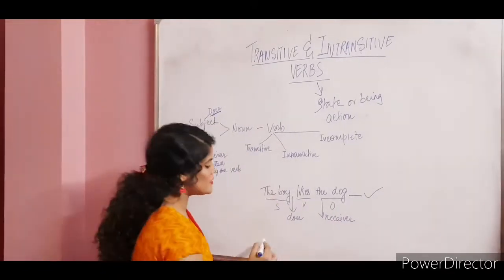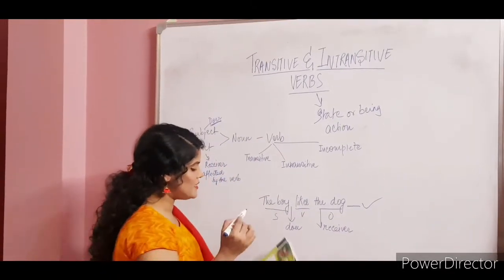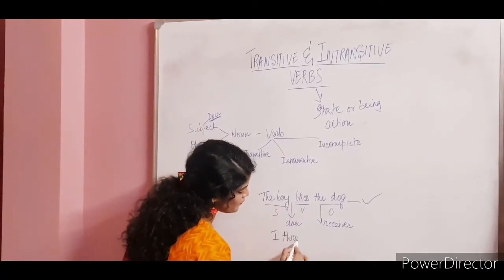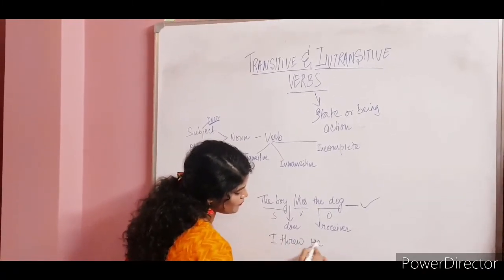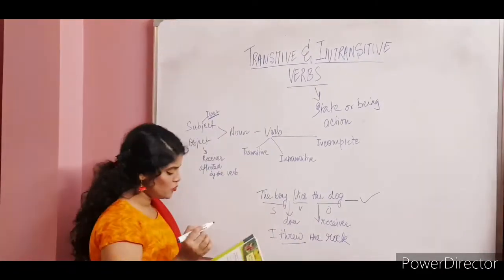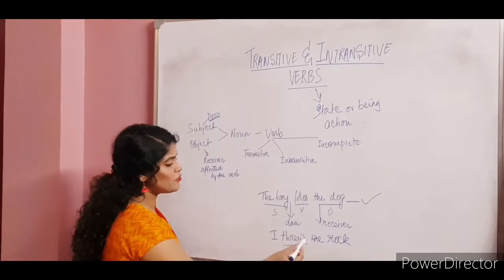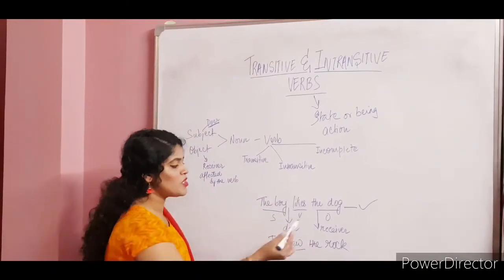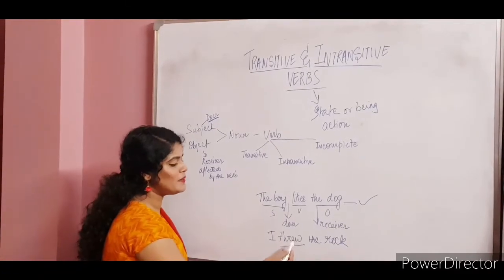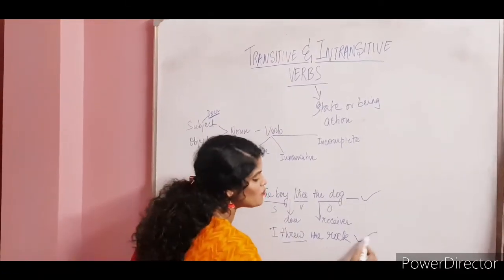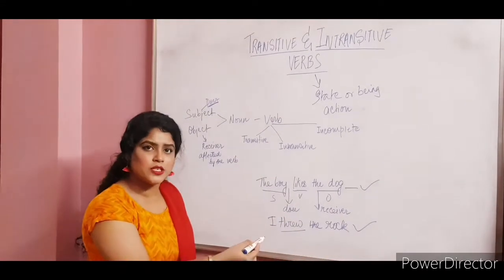Now in another case, if you see this sentence, I threw the rock. What did I throw? Something has to be there, an object has to be there in order to complete the meaning of this verb threw. So here as well, the object is being affected by the subject.